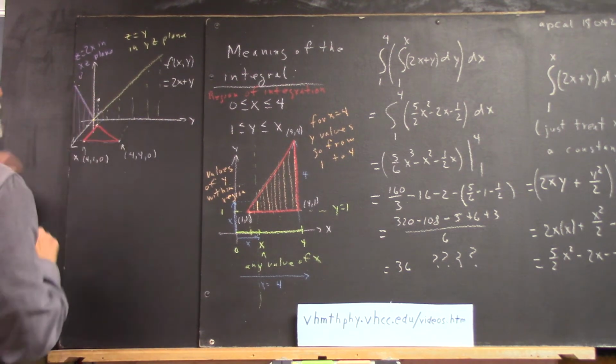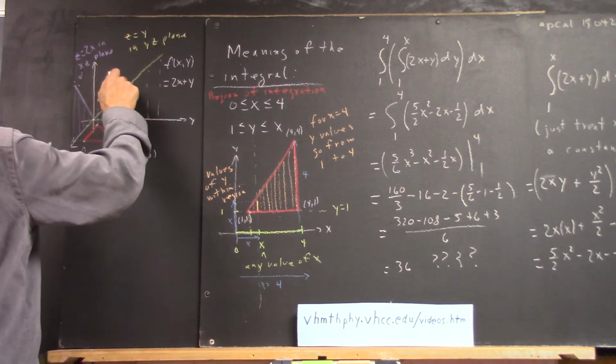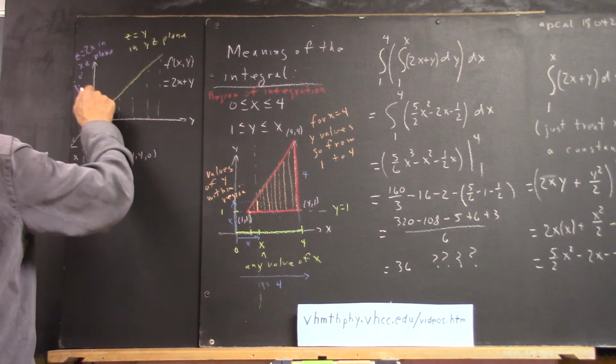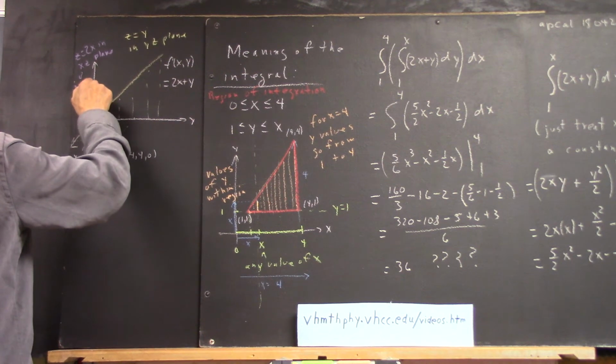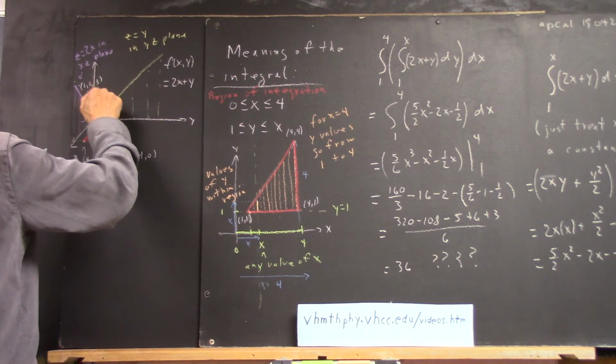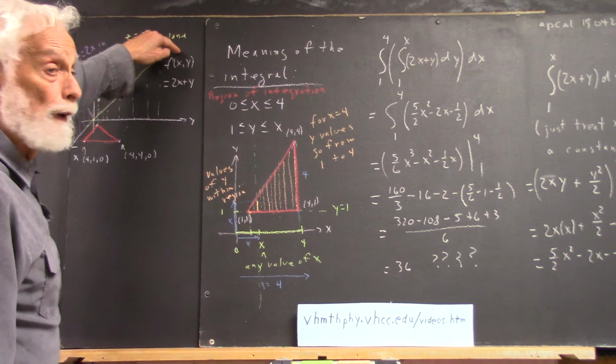So this is the point 1, 1, 3. Now I'm going to label that and hope that I don't have to erase it later. My best guess about a good place to label it is here. I should have left myself more room. That's on the graph of f of xy.